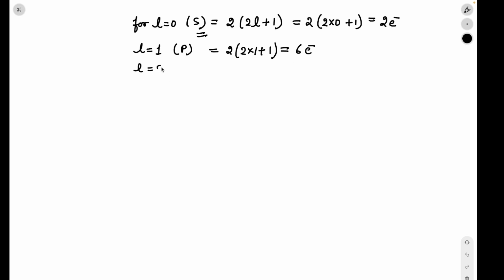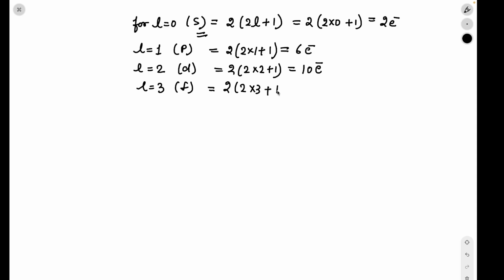And for L equal to 2, that means for D subshell, the total number of electrons will be 2 into (2 plus 1)... that is 10 electrons. And for L equal to 3, for F subshell, the total number of electrons it can hold will be 2 into (3 plus 1)... that is 14 electrons.